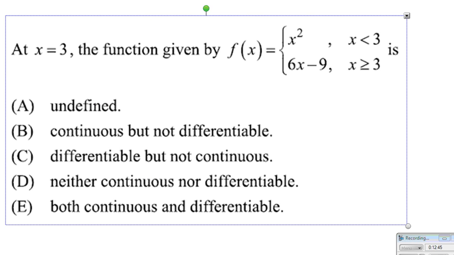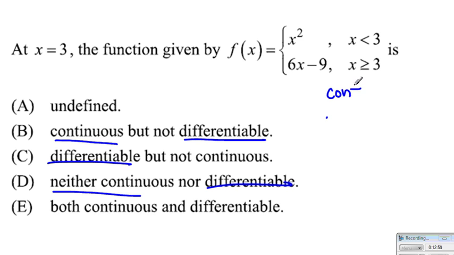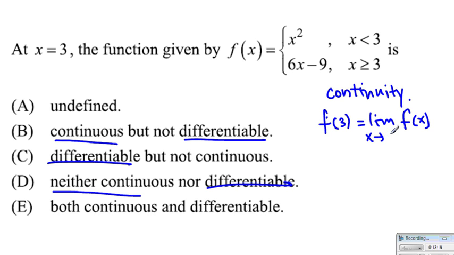All right, let us move on. Here, when you look into this one, you will realize that the choices are about continuity and differentiability. Those are what we're looking at. In order for us to see the continuity, f of 3 has to be equal to the limit of the function f of x as x approaches 3.